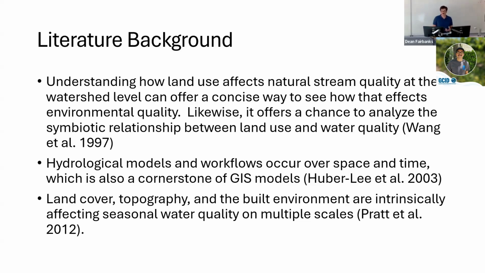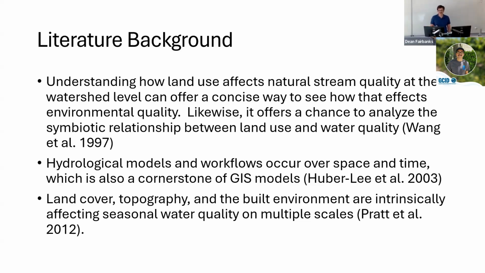Creating hydrological models and workflows that occur over space and time are also a cornerstone for this project. The whole idea of GIS is creating a model of space and time.